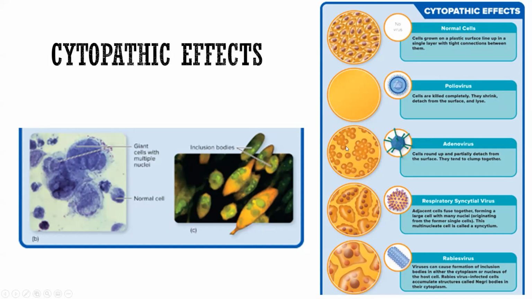Or maybe you see that it's infected with an adenovirus and wait, they're much more round, they're clumped together. We can't see their nuclei as easily. Or maybe they have multiple nuclei within one large blob of cytoplasm. Or if we come down to the bottom here, you might notice that there's inclusion bodies, this dark burgundy, along with the regular nuclei.